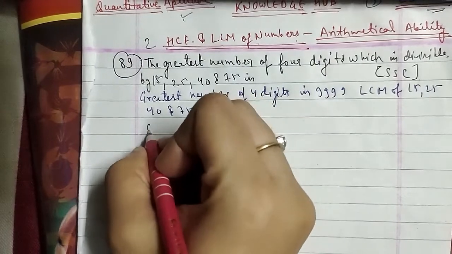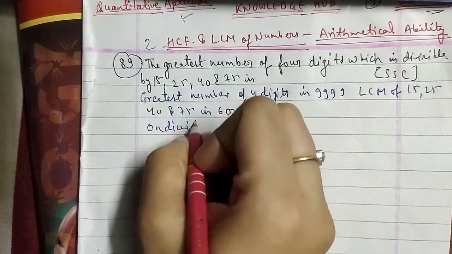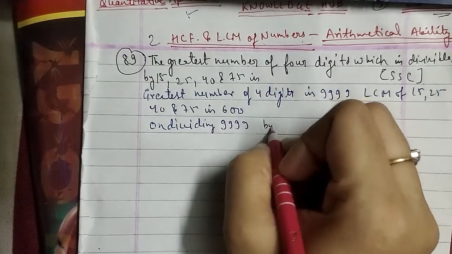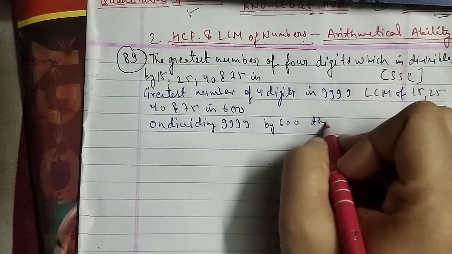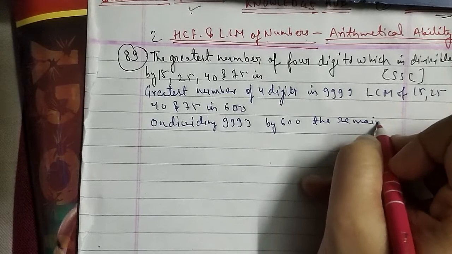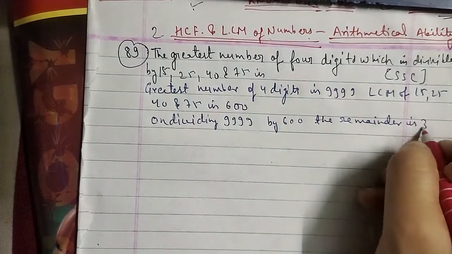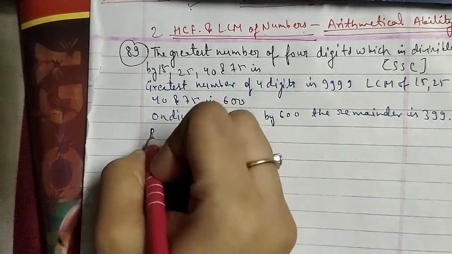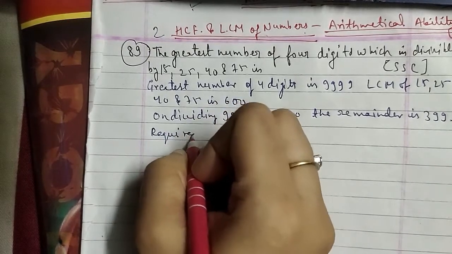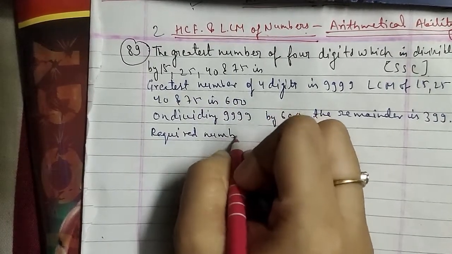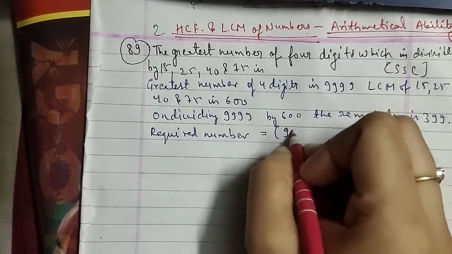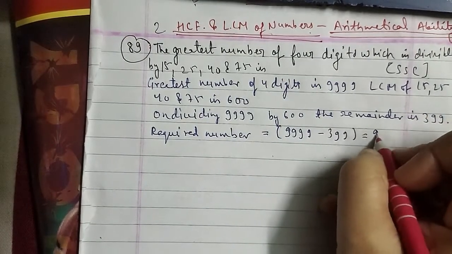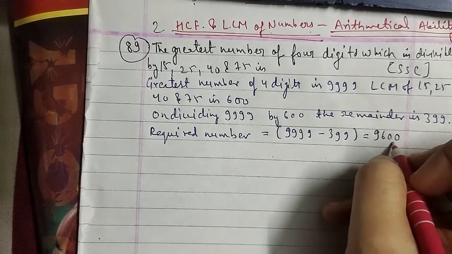So on dividing 9,999 by 600, the remainder is 399. So the required number equals 9,999 minus 399, which equals 9,600.